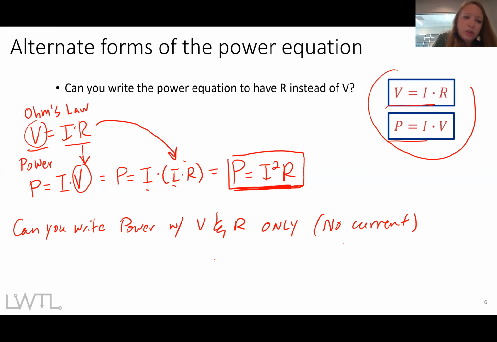Well, let's look at our equations again. P equals I times V, right? Basically we're trying to eliminate current.